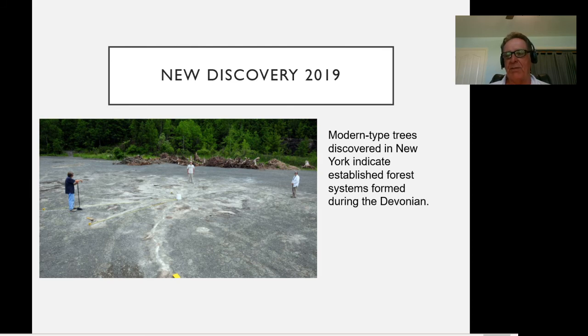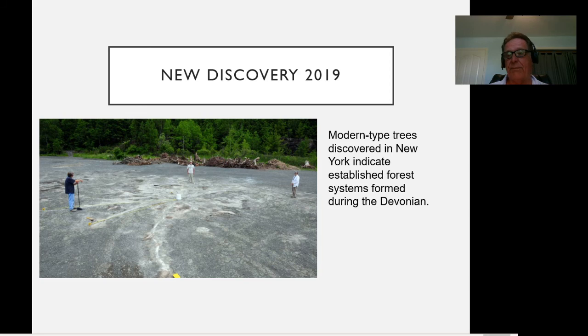They must have been sizable. They were community trees, so they found root traces, trunk trace trees in groups within the Devonian. So this seems to indicate that there were well-established forest systems formed during the Devonian. It's very different than what we thought 10 years ago.